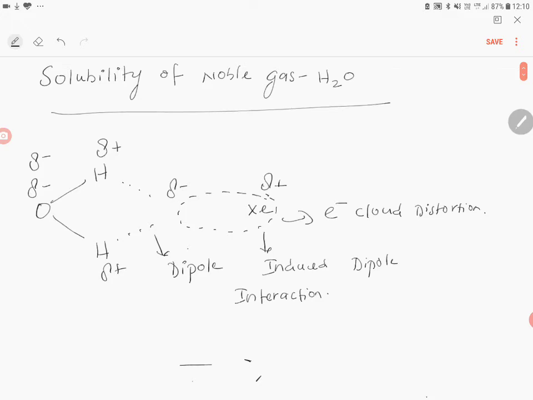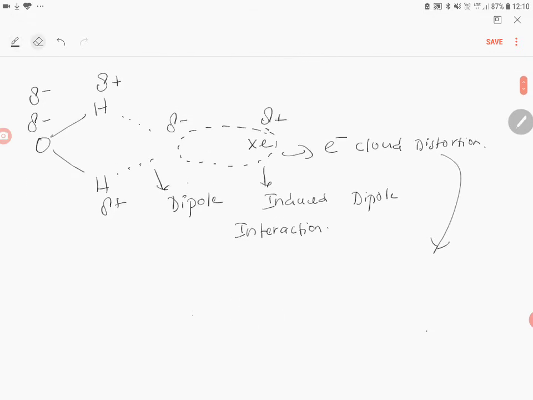Or we could also say that this is nothing but polarization of electron cloud. Polarization of valence electron cloud, and this effect increases down the group.